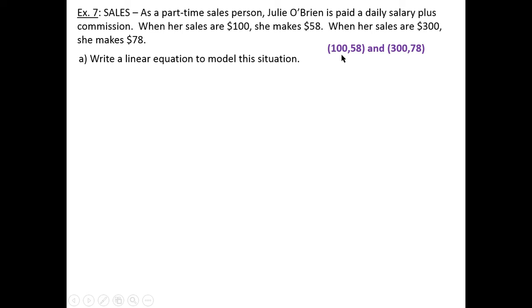First, (100, 58) would be from the second sentence, and then (300, 78) would be from the last sentence. And you know how ordered pairs are made up of an x part and a y part. What we really have then are two sets of x's and y's, which relate Julie's sales and pay to the coordinate plane.